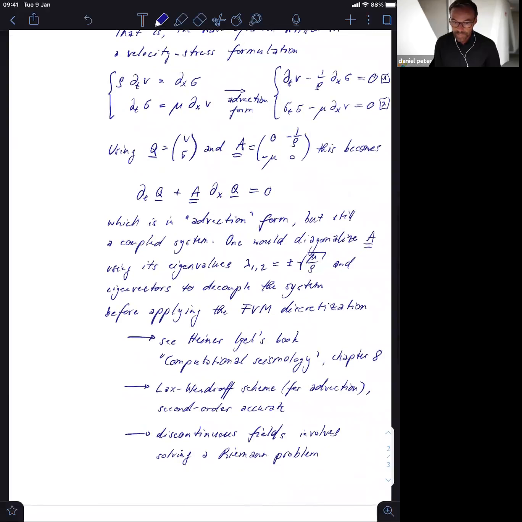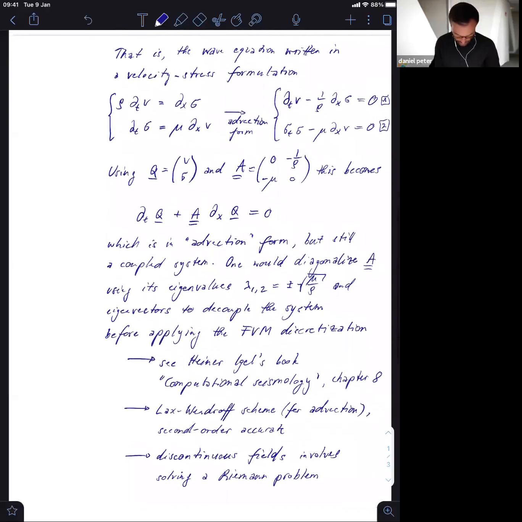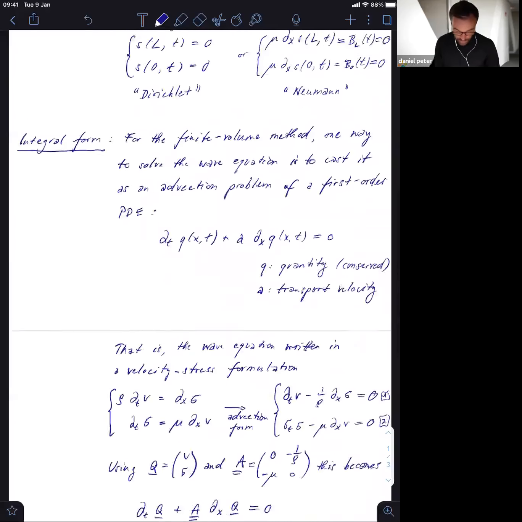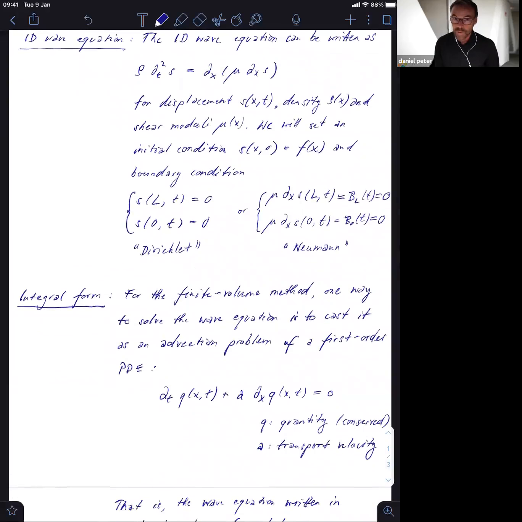Right. So the second, let's say a more naive approach I will show you now, where we just use our initial strong form and put this into an integral form. So we use the second order formulation of the wave equation. And now let's see how that would look if we just put this into an integral form and then use finite volume approximations to discretize it.